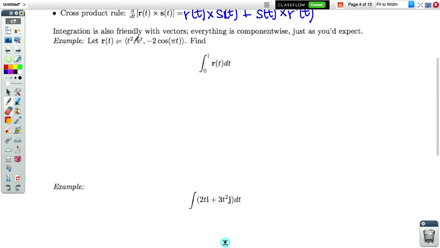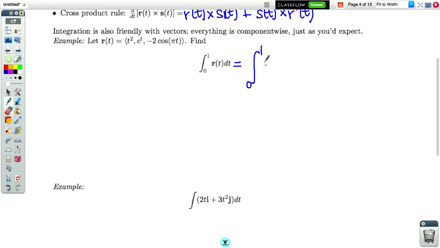So here's an example of a 3-component vector, t squared, e raised to the t, and then -2 cosine of pi t. We're going to do two examples here. First, finding a definite integral, so integral from 0 to 1, and then we'll do a different example with an indefinite integral, just to talk about what the plus c means when we're dealing with vectors. So I'm just going to integrate this component by component.